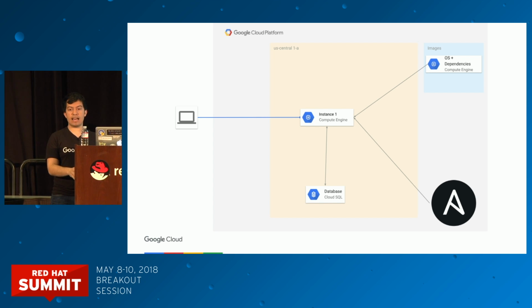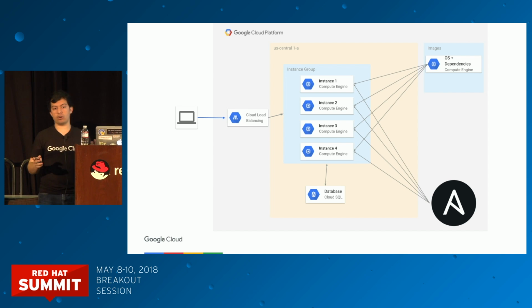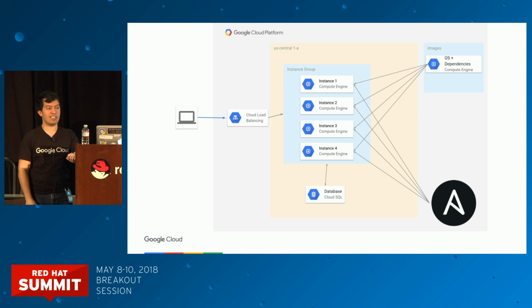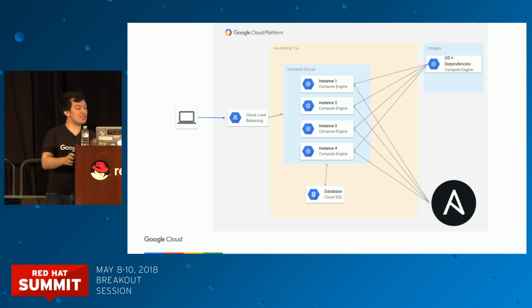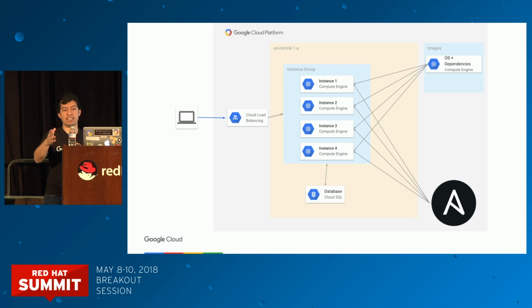The great thing about the cloud is I can scale incredibly easily. So in order to show that, let's scale from one machine to 4. I'm picking 4 as my arbitrary number, mostly because I'm still on the trial version of Ansible Tower.